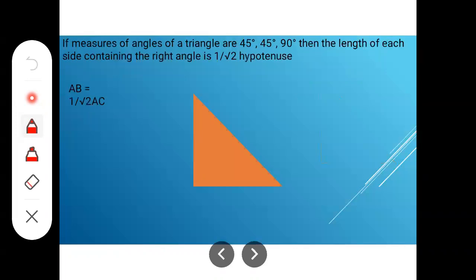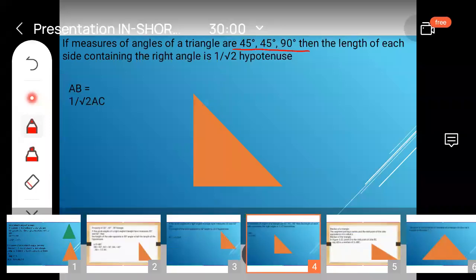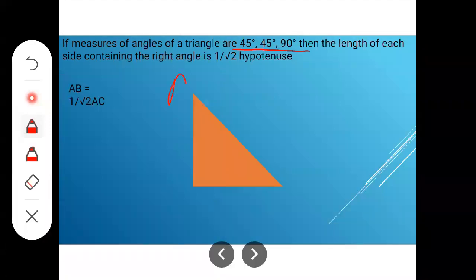Now one more type of right angle triangle is the one whose angles are 45 degrees and 90 degrees. In this case, see here in the diagram again, the given triangle is triangle ABC and B is 90 degrees, and the rest of the angles each measure 45 degrees, meaning those are congruent angles.